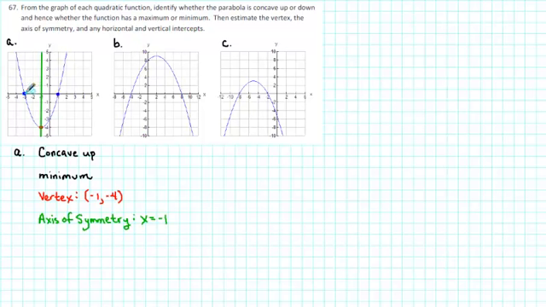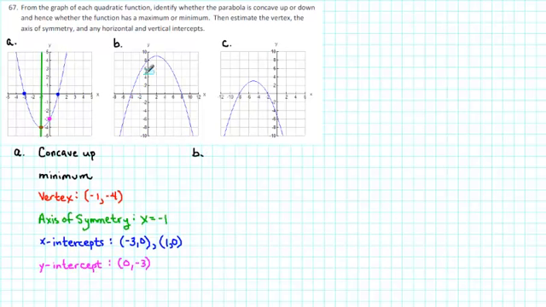The x-intercepts are at -3, 0 and 1, 0. Finally, the vertical intercept is the point at which the graph intersects the y-axis. We see that that point is 0, -3.